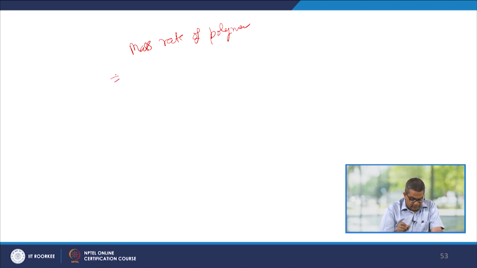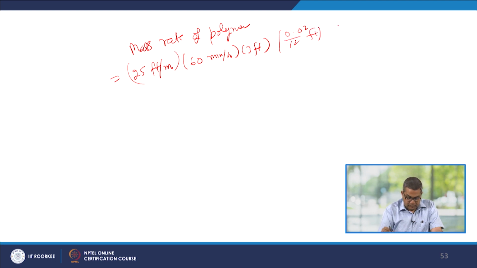Then the mass rate of polymer is given as 25 feet per minute into 60 minute per hour, into 3 feet, into 0.02 over 12 feet, into 80 pound per cubic feet, which is equal to 600 pound per hour.